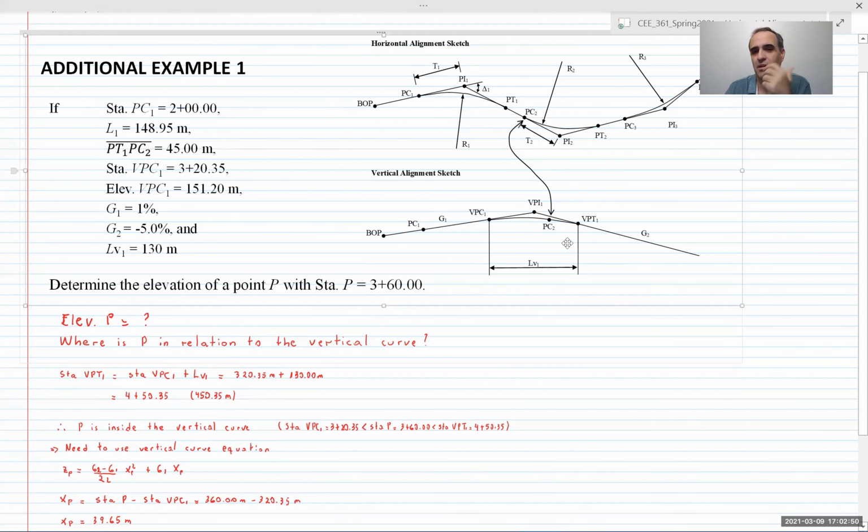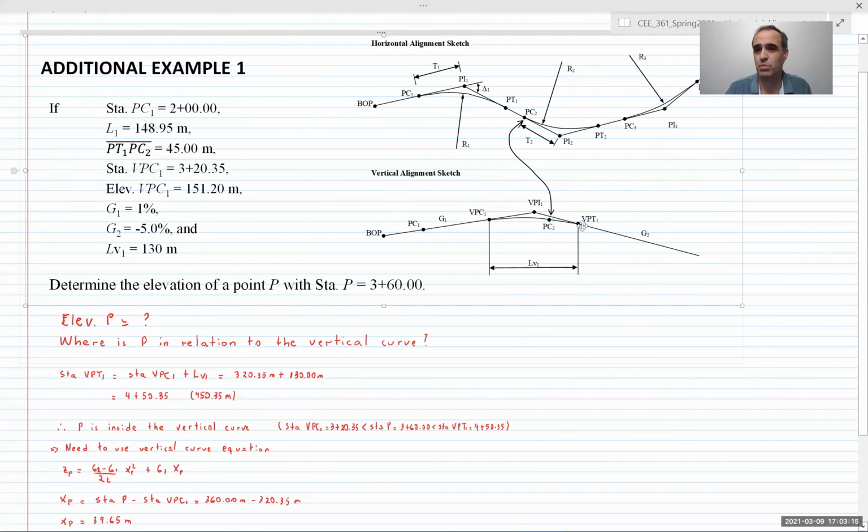Okay. So the only reason I'm doing this is because in this type of problem, I want the elevation of a point that is somewhere over here. First, you need to find out, is that point on a vertical curve or on a tangent? If it's on a tangent, you would have to figure out the information given, if any, about this grade, and you have to have the elevation of some other point.